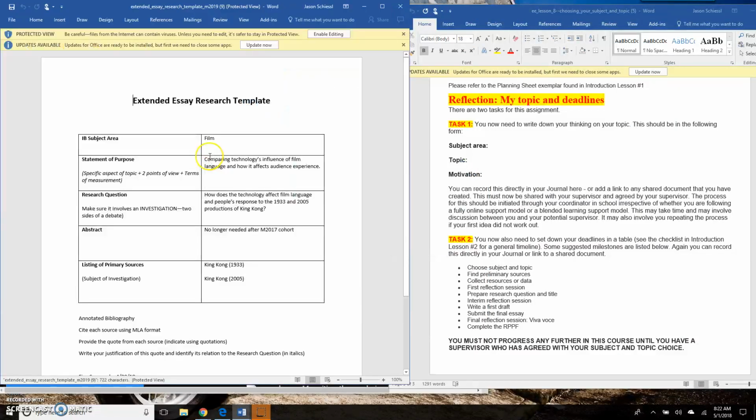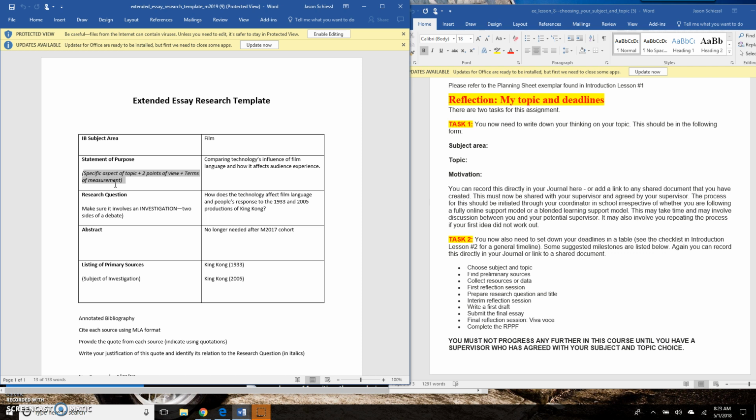And you'll see that this equation involves a specific aspect of the topic plus 2 points of view in terms of measurement. So when they're talking about their topic, they need to have these things in there, so that this can then allow the student to get into a research question, which we'll talk about in a different lesson.